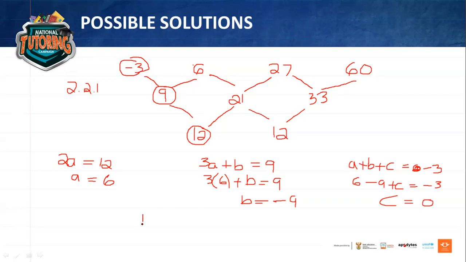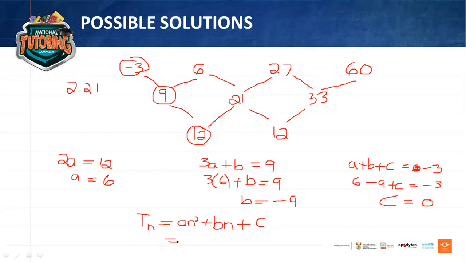So now our formula for Tn, remember, is an squared plus bn plus c.